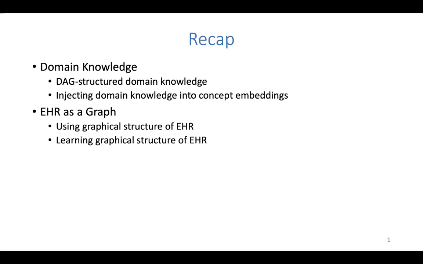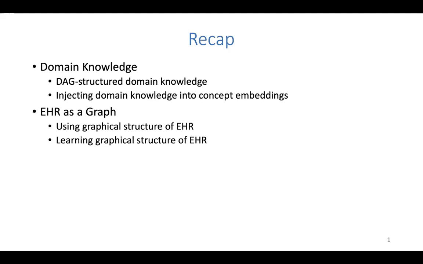Using the graphical structure of EHR was rather straightforward. You can think of simply applying a graph convolutional neural network on the EHR dataset if you already know the structure. And if you don't know the exact structure, or maybe you just know a partial structure of the graph, then you can combine graph neural networks with a transformer, which are actually the same thing.